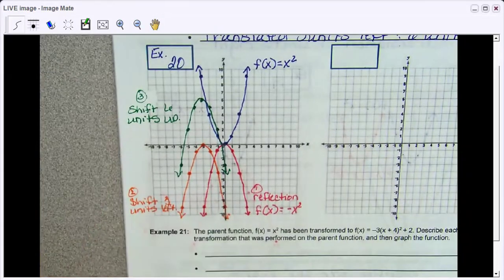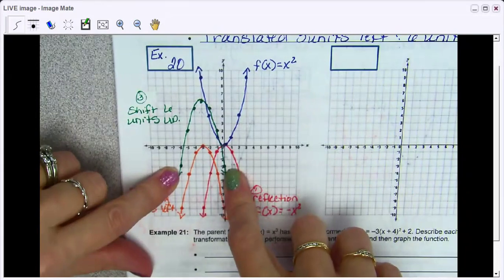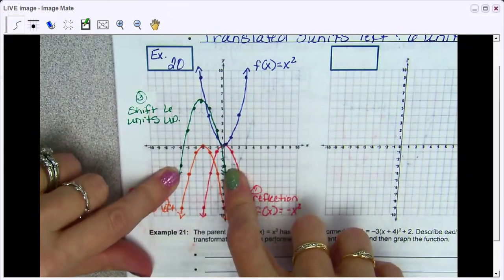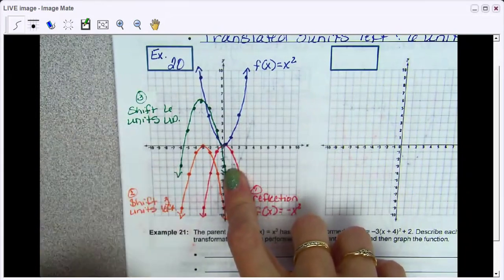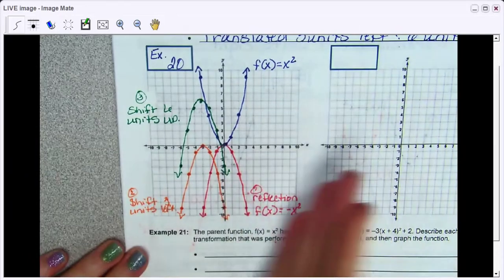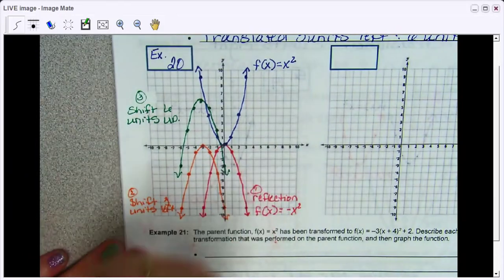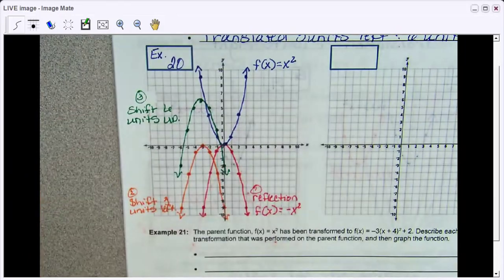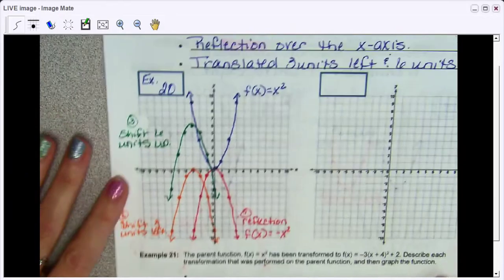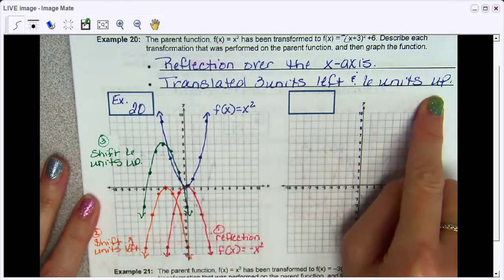Okay. So on example 20, this right here should be your final one. Okay. So I reflected it first. I shifted it left second, and then I shifted it up third. And then you should have gotten a reflection over the x-axis, translated 3 units left and 6 units up.